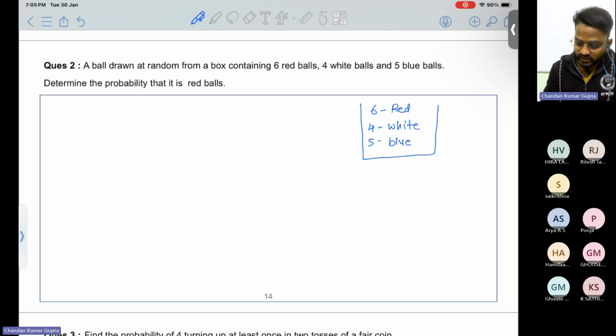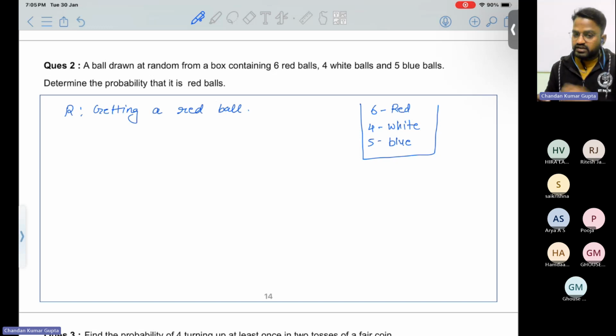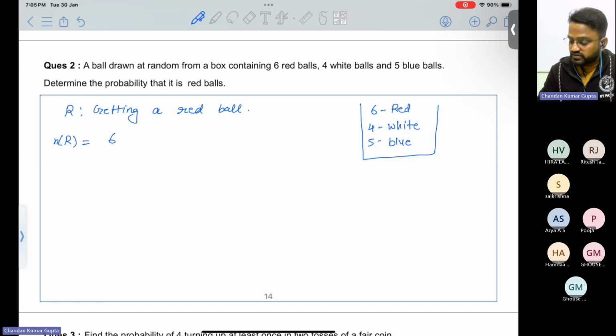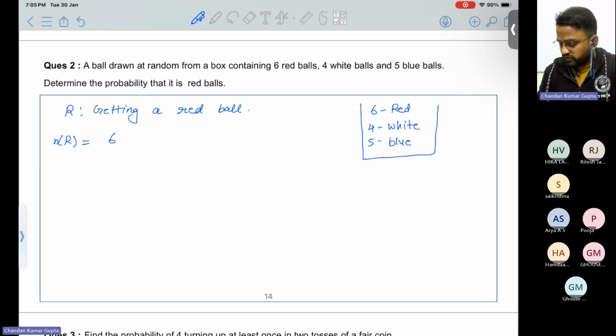First, suppose R defines getting a red ball, when we randomly draw one ball and it is a red ball. Our next aim is the number of elements. It is 6 because it is in our favor.